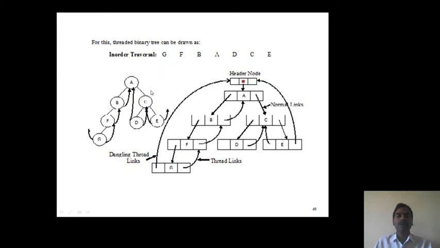Now, to design the threaded binary format, the procedure starts by indicating a header node. This header node stores the address of the starting node.